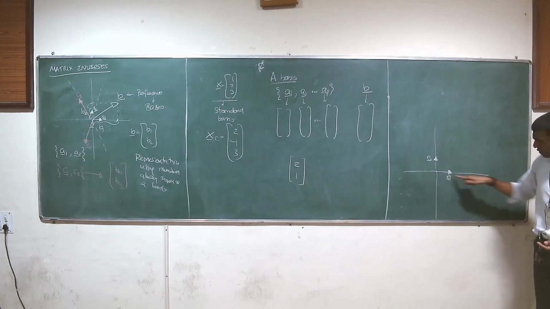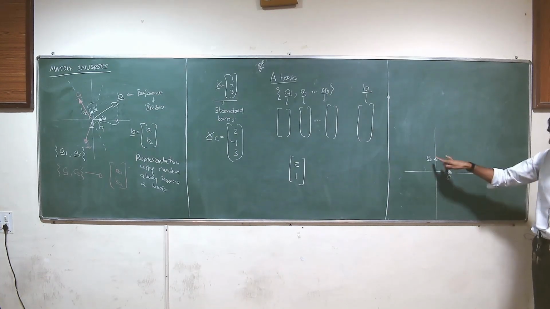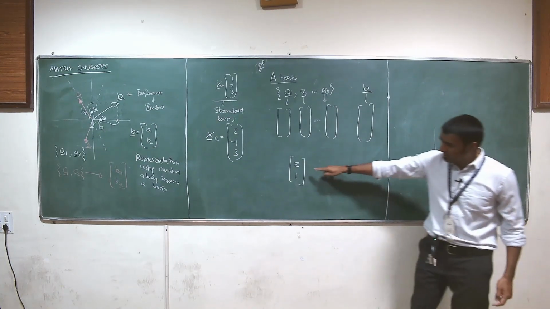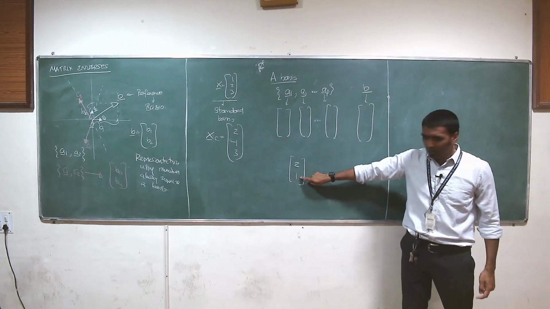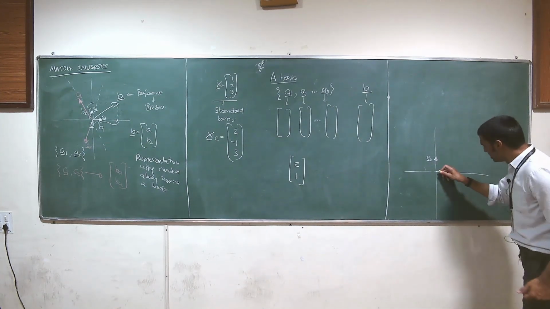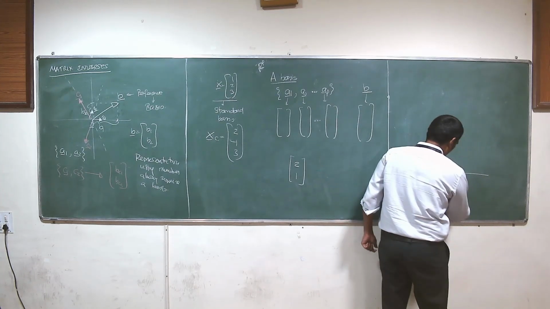Here, 2 units in this direction, 1 unit in this direction, because the standard basis vectors have length 1. What this means is you take 2 times E1 plus, sorry, one amount of E2. That would mean a vector like this.